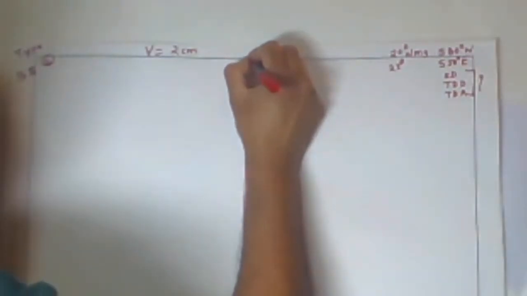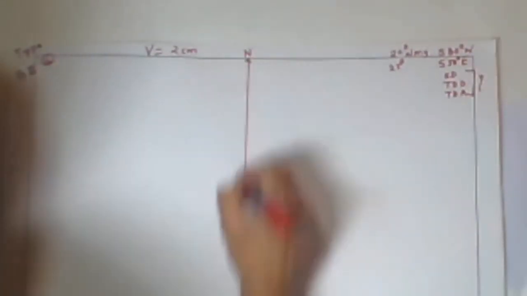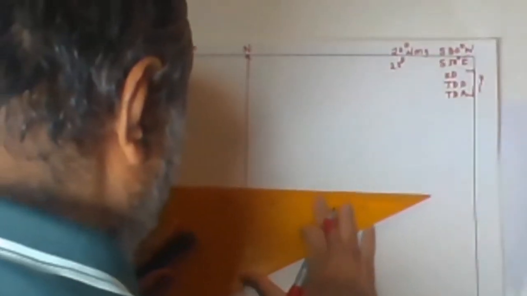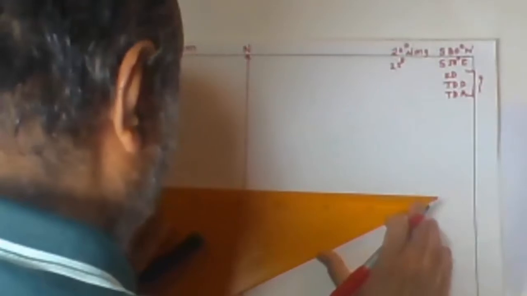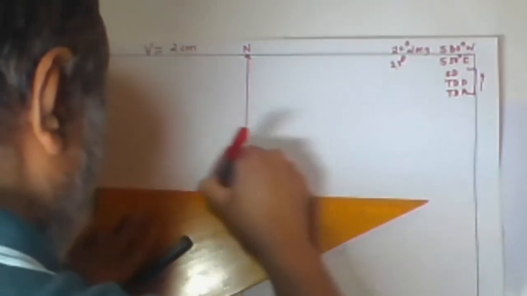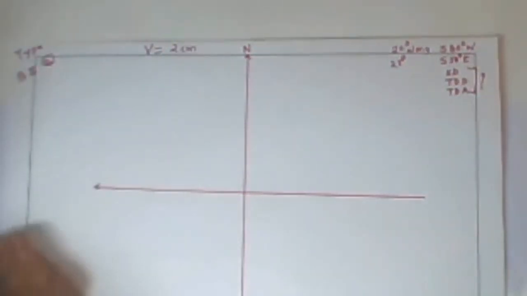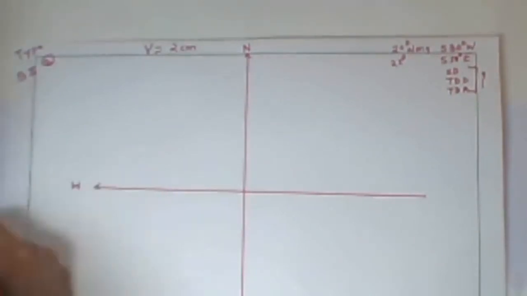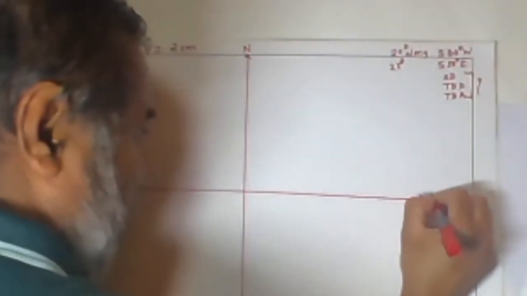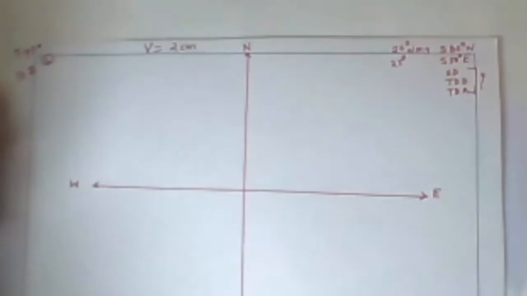Now draw the line that will give you in the center your north on the top and south on the bottom. Similarly, center point here 35, so 70. So that is the half center. So we can do it. This is the west towards the left hand side, and east will be on your right hand side.